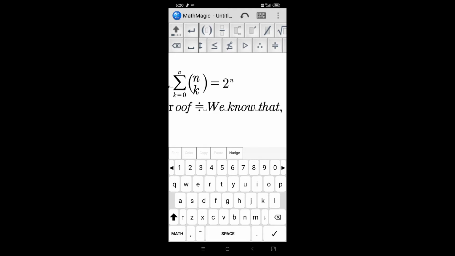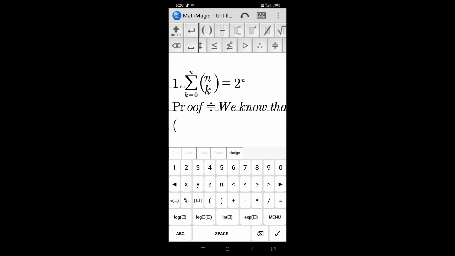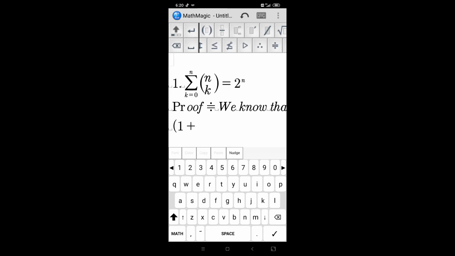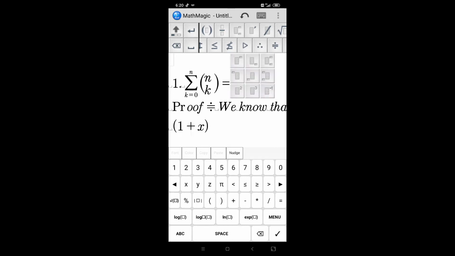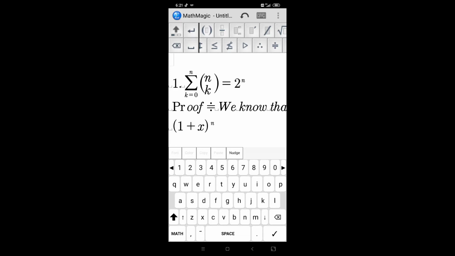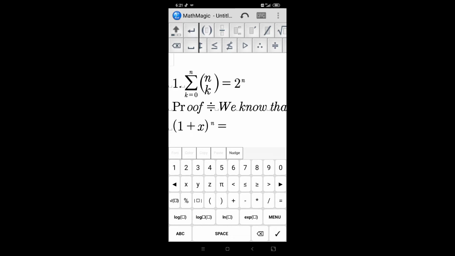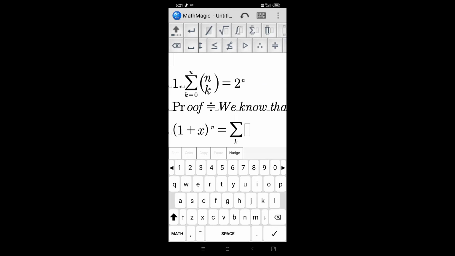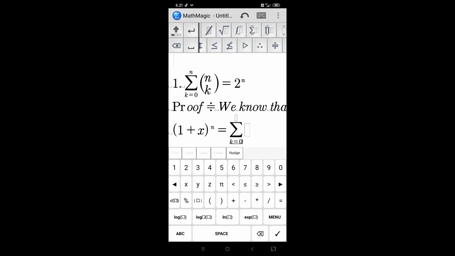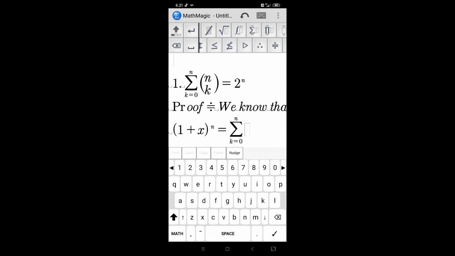Okay, so we know that (1 plus x) to the power of n equal to, I'm going to write it in summation form, the sum of k equal to 0 to n of n combination k x to the k.